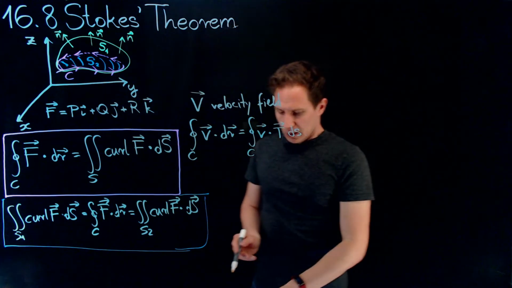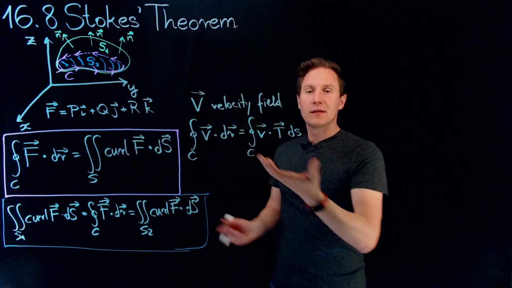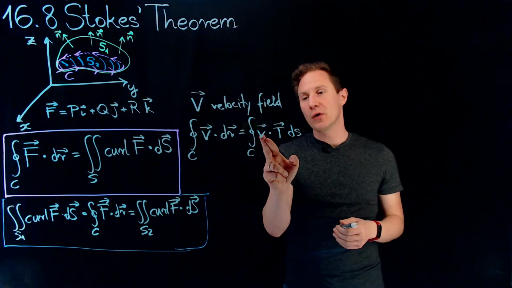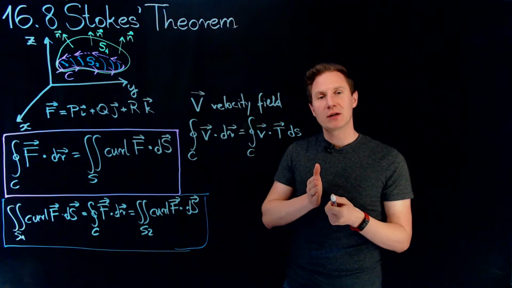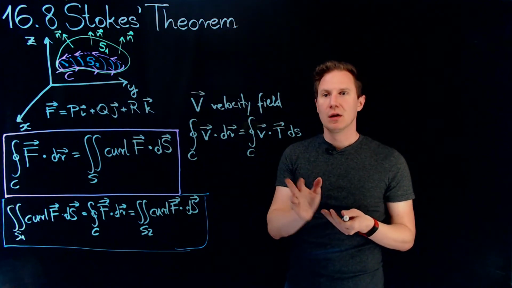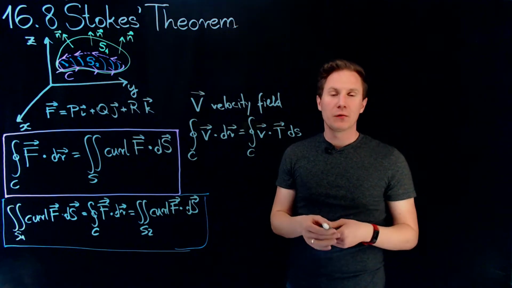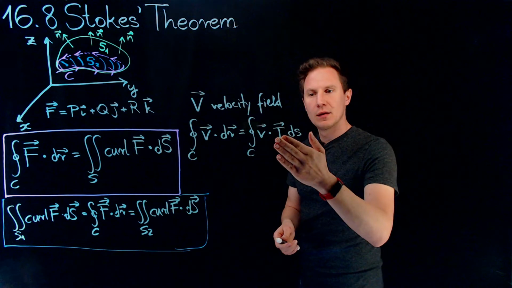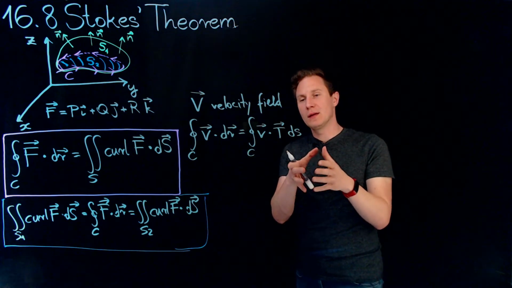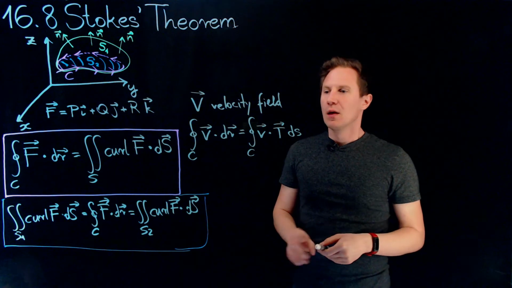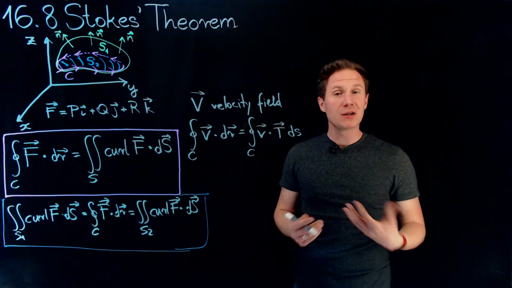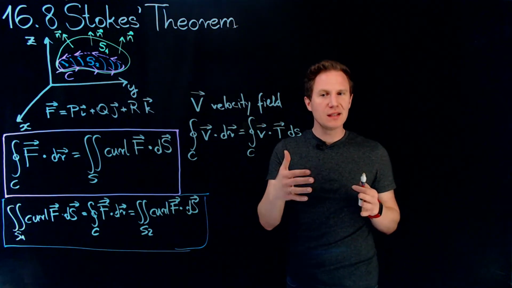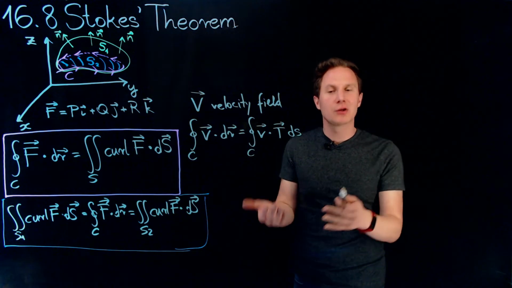And the meaning of this line integral, in that context of a fluid flowing, is that the closer V is with its direction to the tangential direction, the larger this value is. And of course, the more it points in the opposite direction, the more negative it is. So we will get the negative value in that case. But all in all, this line integral measures the tendency of that fluid to move around C in the same direction as the orientation of C, right?